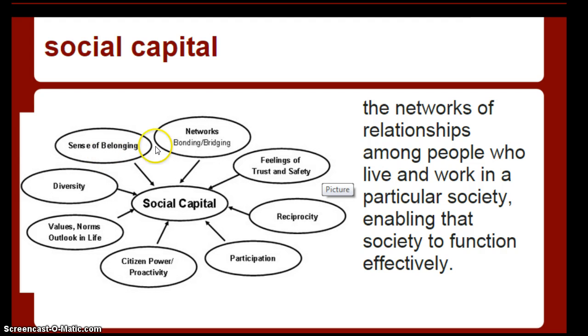Provides a sense of belonging, feelings of trust and safety, reciprocity, so people caring for one another and doing so in return, participation, citizens being active and having power, shared values and norms, and acceptance of diversity. And all these things are going to allow people to connect with one another to build a better society.